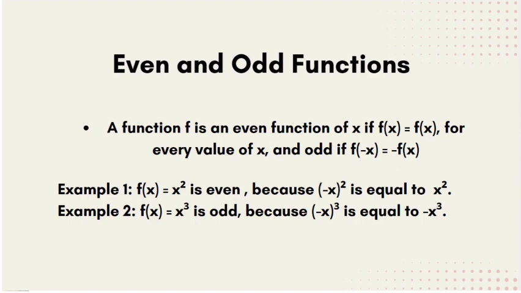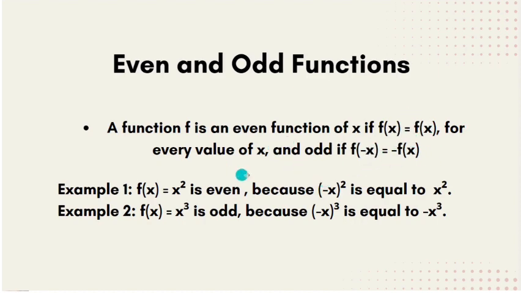The difference is that for even, the graph is symmetric about the y-axis, and for odd, it is symmetric about the origin. What we need to remember is that if the answer is back to the original function, f of negative x equal to f of x, that is even.